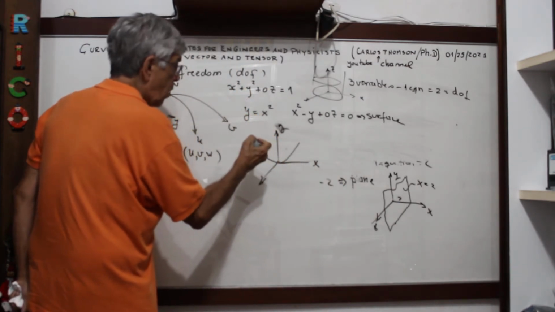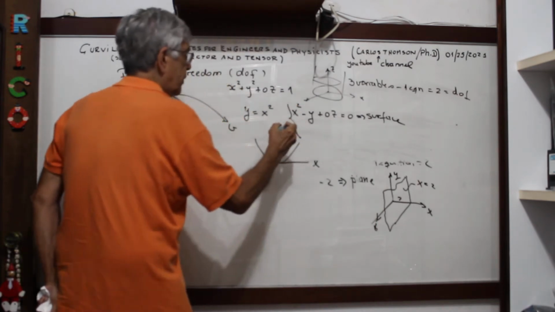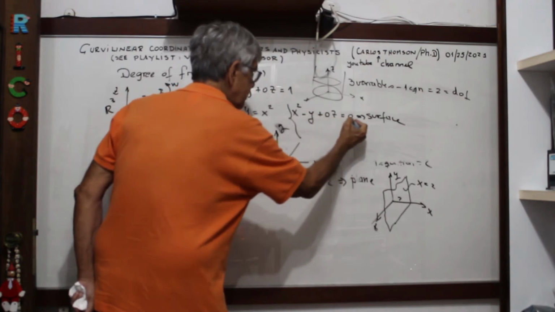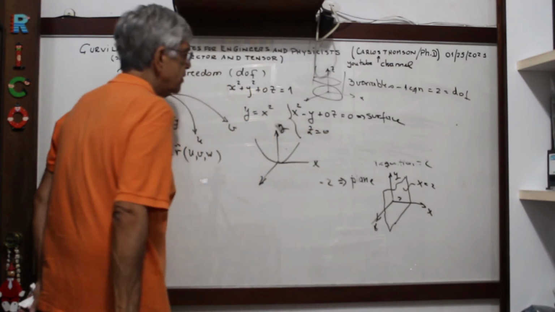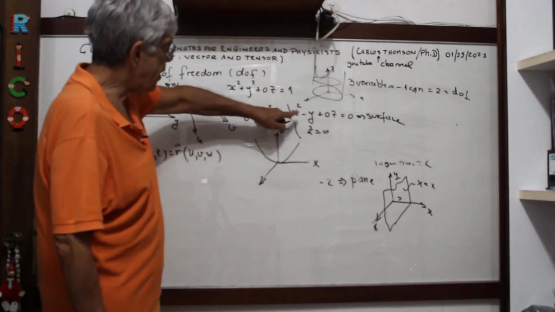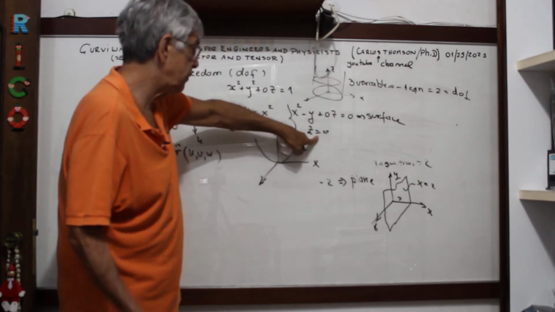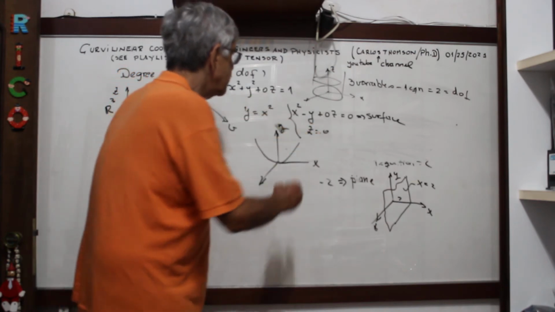Now suppose I have x squared minus y plus 0z is equal 0 and z is equal 0. Now I have 3 variables and 2 equations.